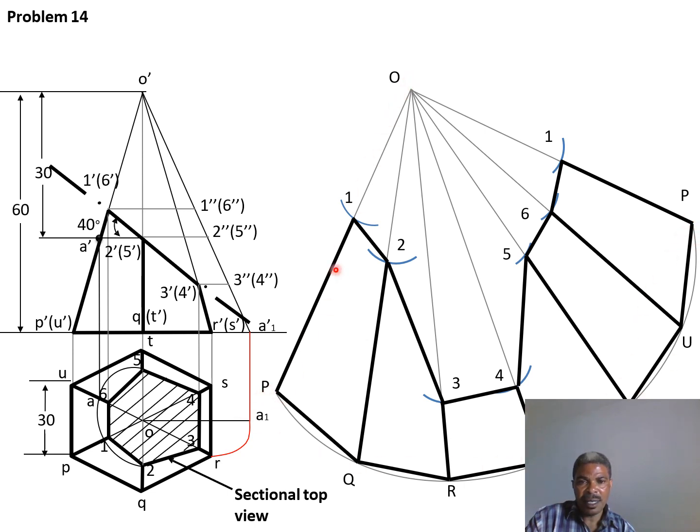So this being given, OP is equal to O dash A1 dash. Now you can easily locate where 1, 2, 3, 4, 5, 6, and 1 are, due to the lines that have been projected to the line of slant edge here.